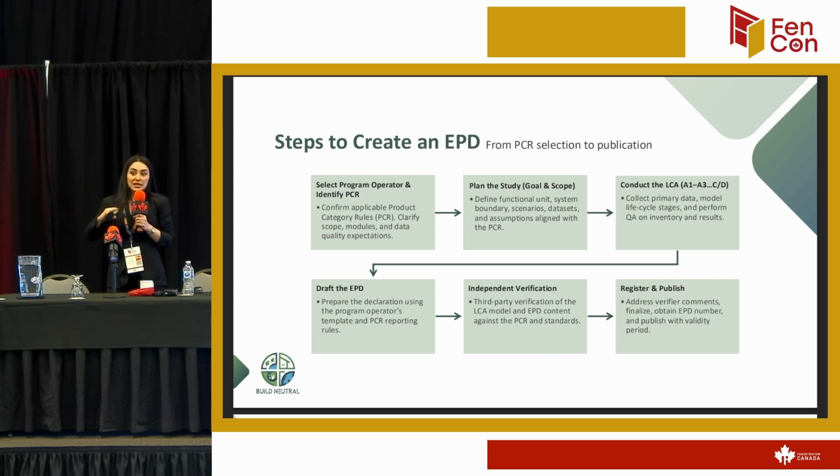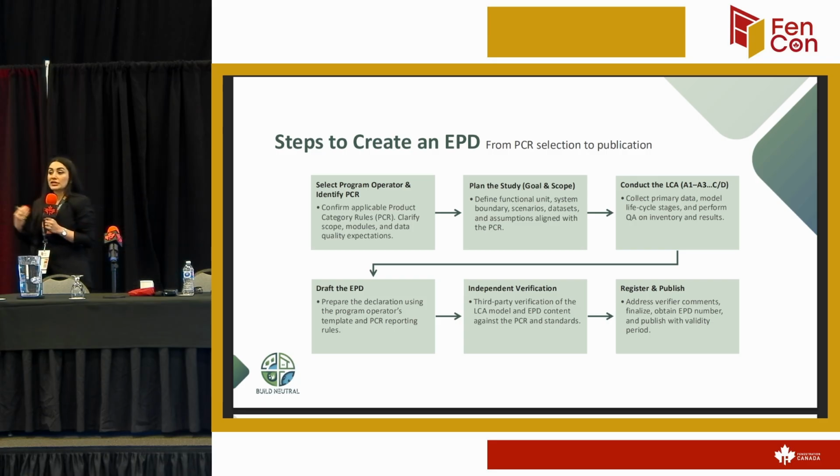But then product category rules come in and tell me, okay, if your product is a window, the declared unit is 1 square meter, instead of, for example, me developing a life cycle assessment for 1 kilogram of glass, right? So it gives us a more specific guideline, so when we develop EPDs for different manufacturers, they are comparable.